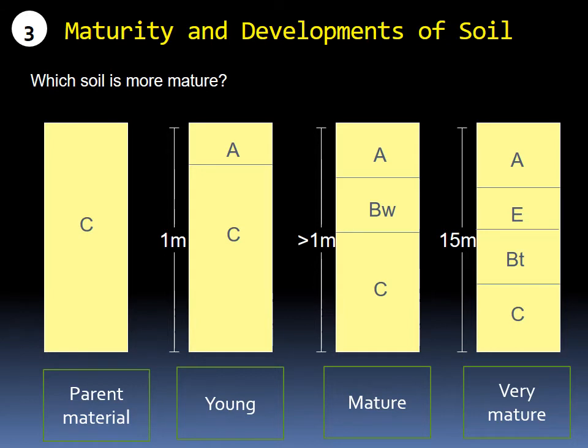And the second thing, the types of the horizon. The profile with more types of horizons would be more mature than the other ones. So for example, we can see that the fourth profile to the right is very mature because it has more numbers of horizons. It has 1, 2, 3, 4 master horizons compared to the other.